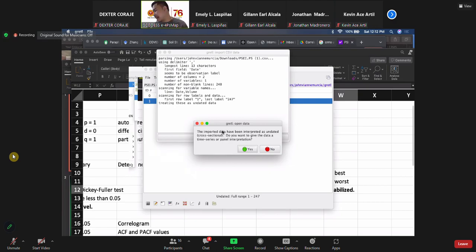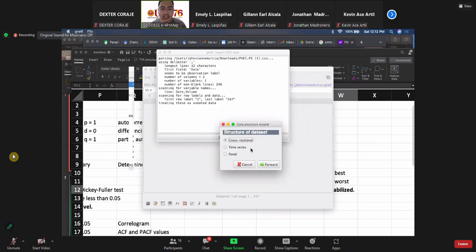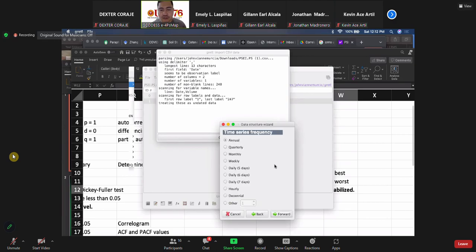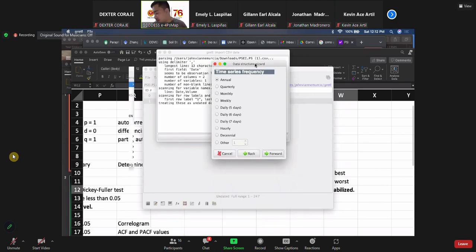Yes, because what we have here is time series data, right? So, I would click yes to this, and I would click time series, and then forward, and then you would now define your dates. That's why you need to identify whether your data is annual, quarterly, monthly.